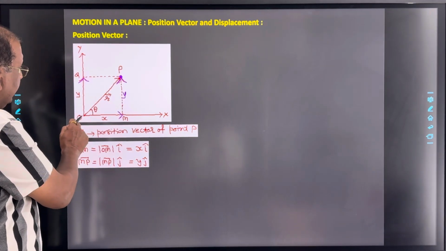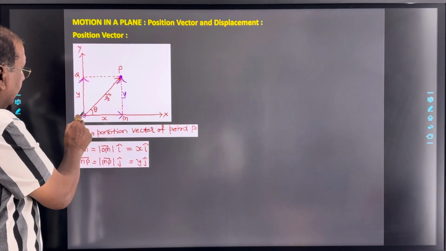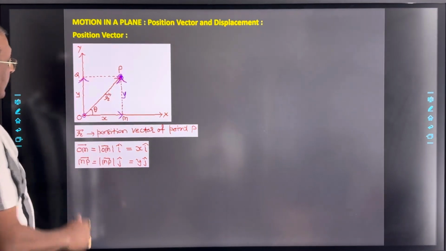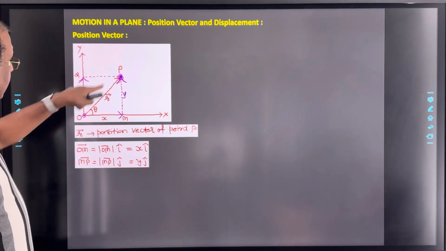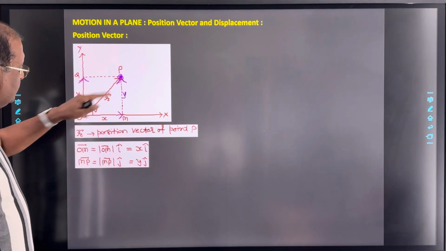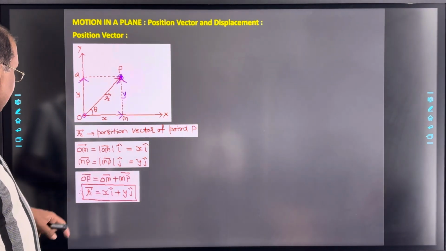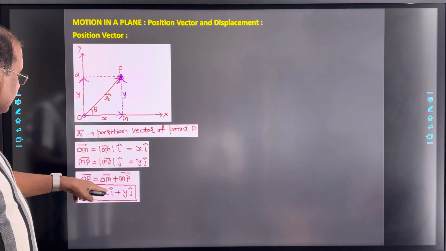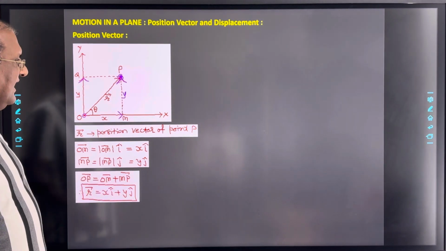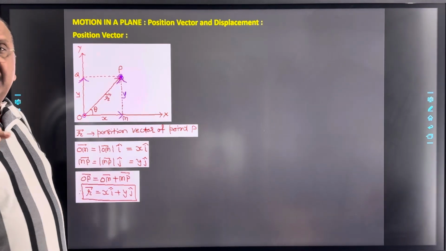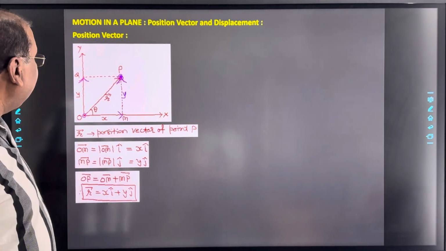So, the vector joining the tail of the first one to the head of the second one, that is OP. So, we can say vector OP is the summation of these two. So, we can write simply vector R equals x i caret plus y j caret. So, in this way, we can represent the position vector.